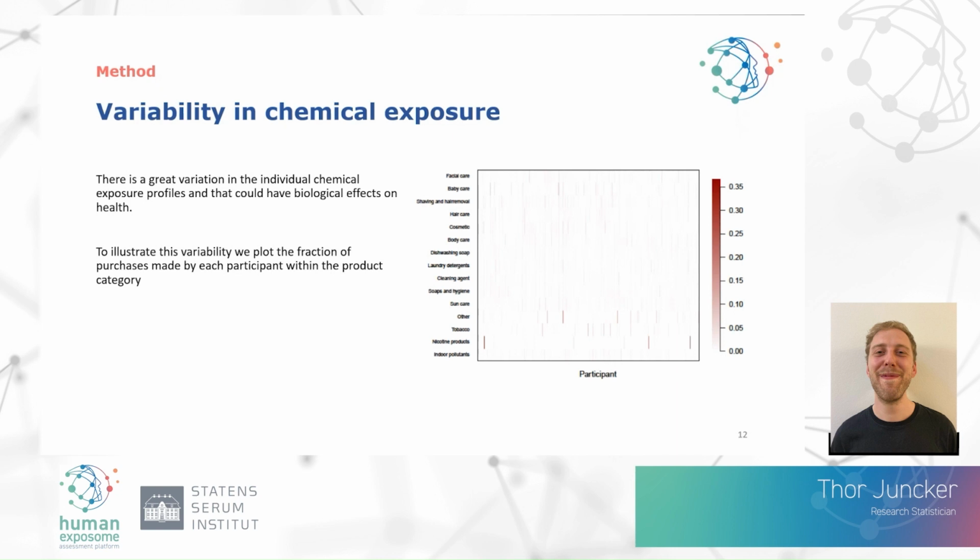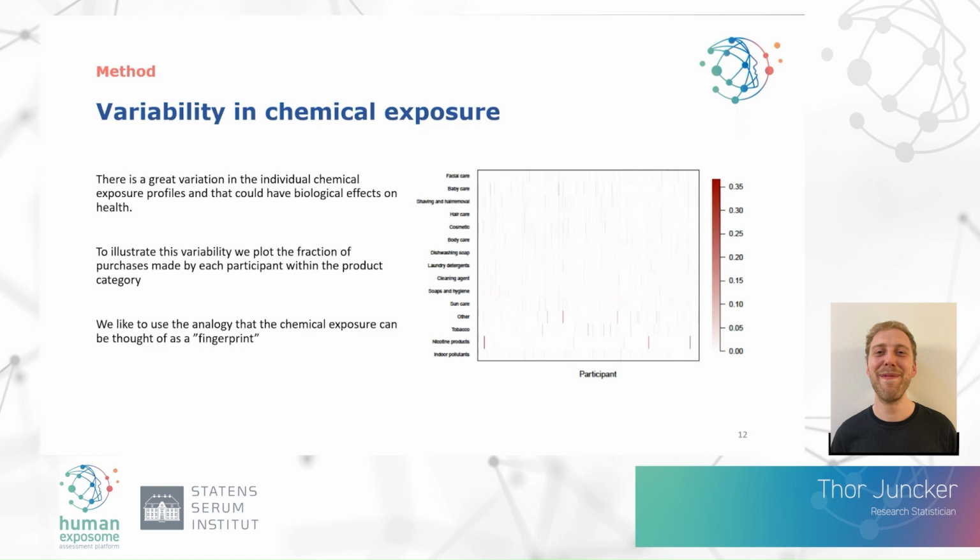The point of this is to see that some product groups are more common, and then we have certain product groups that are more concentrated, in the sense that only a few people buy that kind of product. Nicotine users, for example.